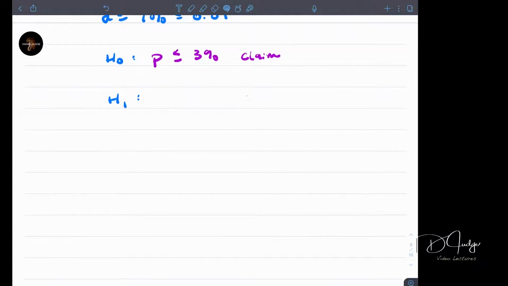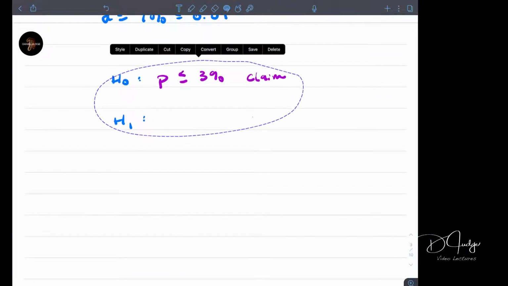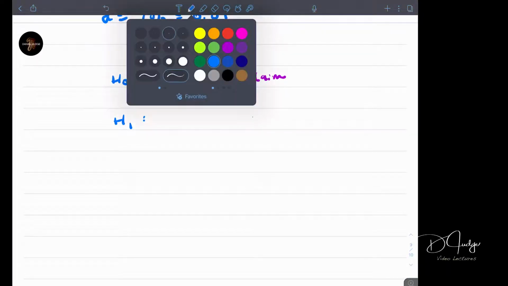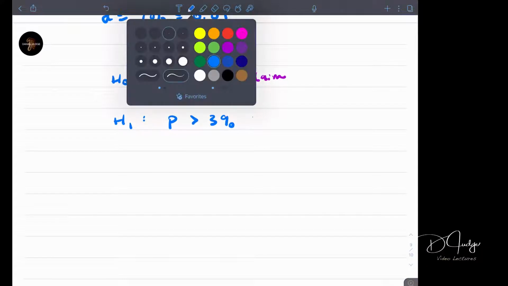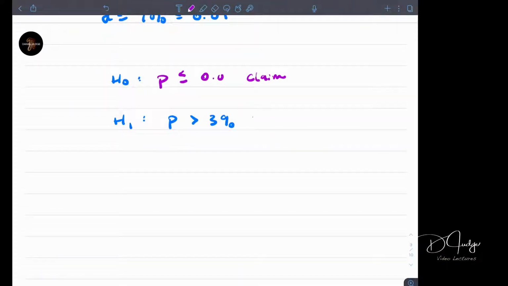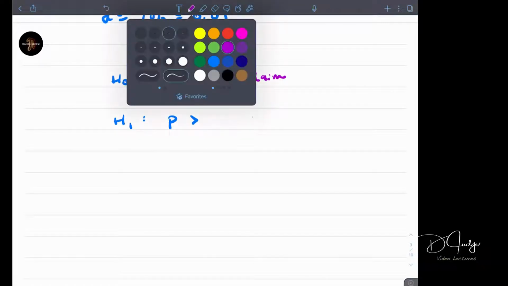It's a null hypothesis because it involves a condition of equality. Okay? And so the opposite of that statement is P is greater than 3%. Now, we should maybe use the decimal representation. All right, we'll just do it now.